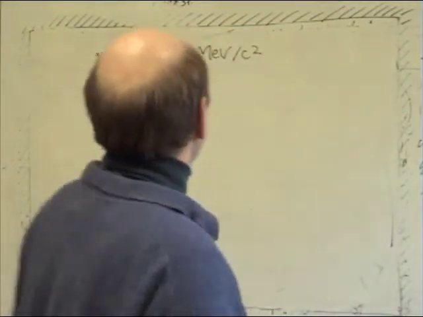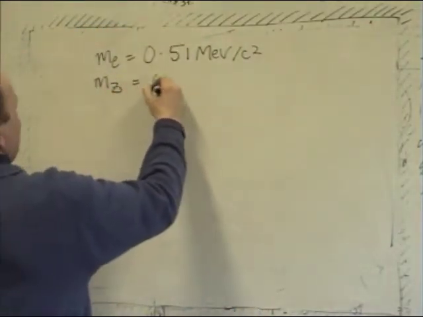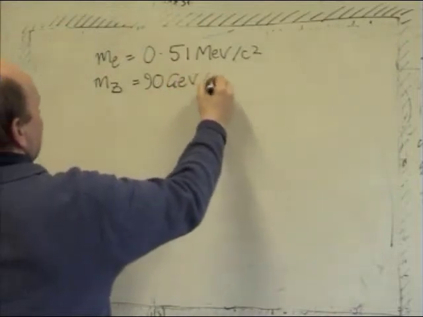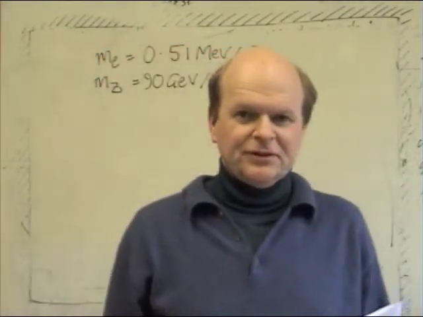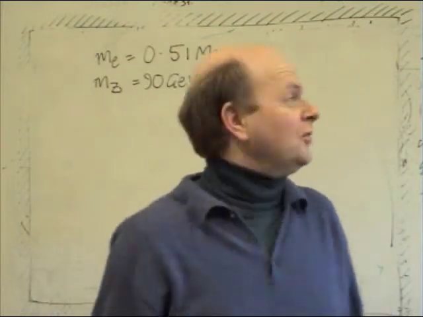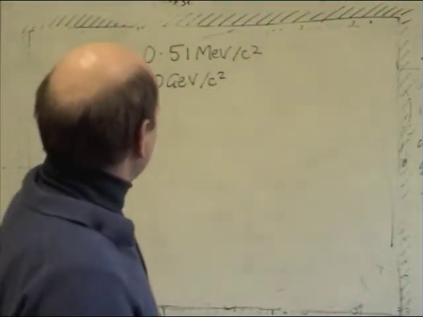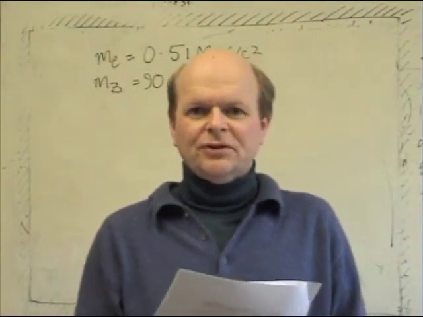And the Z0 boson has a mass m_Z of 90 GeV upon c squared. So that's about 180 times the mass of the incoming particles when they're at rest. And so the question is, what's the minimum energy that the electrons need to have in order to make the Z boson?